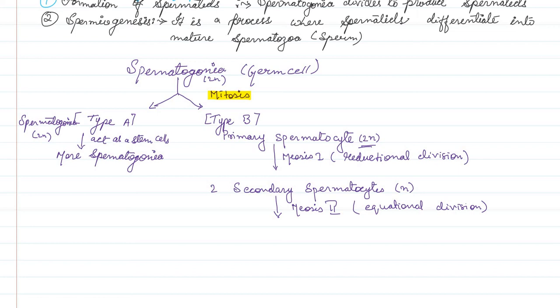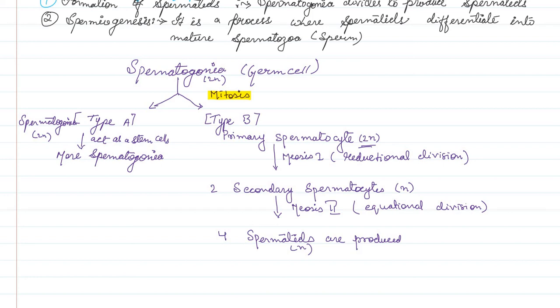Okay, and here four spermatids are produced after meiosis II. Four spermatids are produced, which are haploid.